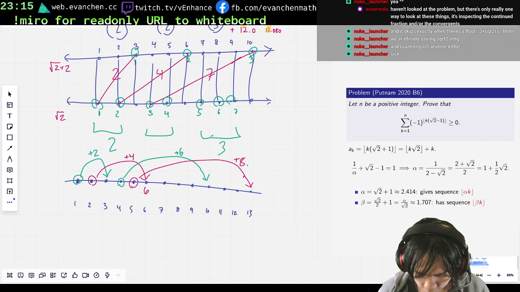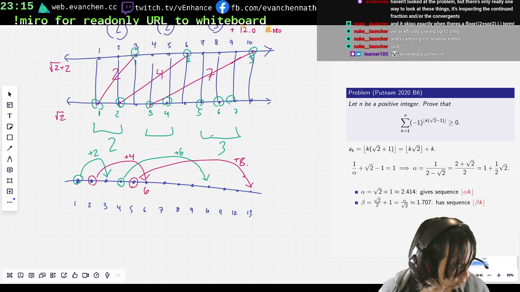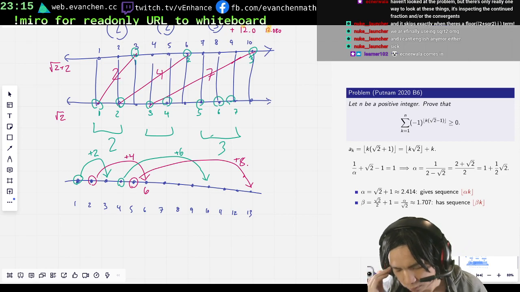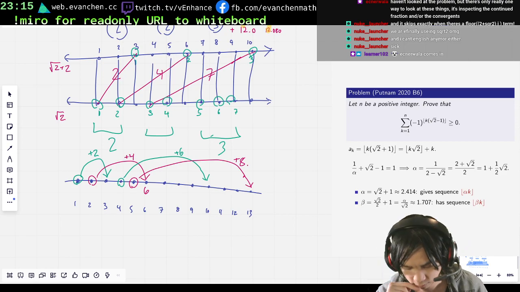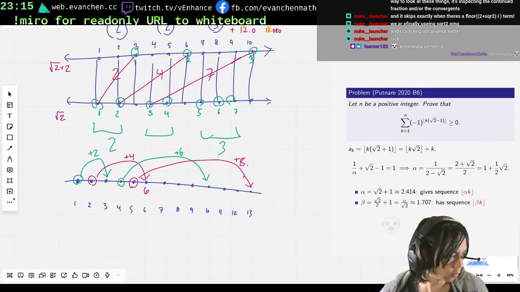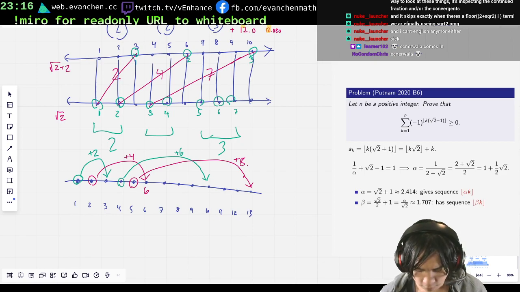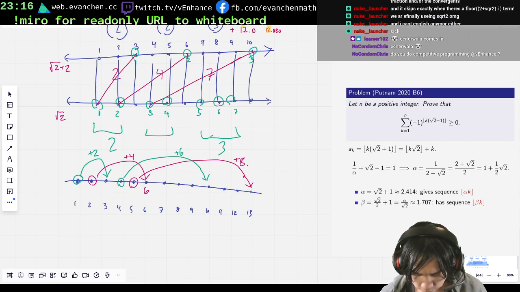The SQRT2 run skips a number. I see, so the gaps, yeah, it's this, I see.